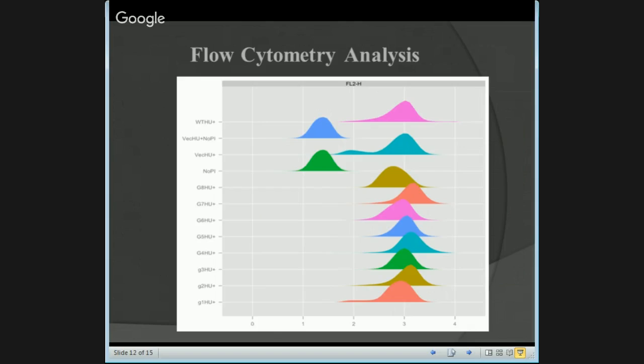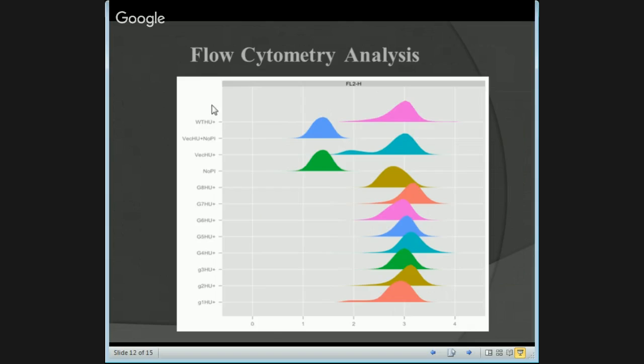So each one of these sections right here is explaining the different phases of the cell cycle, as in G1, G2, and all that to G0 in a way. So we use this to analyze that in the experiment. And this is the graph that we came up with.